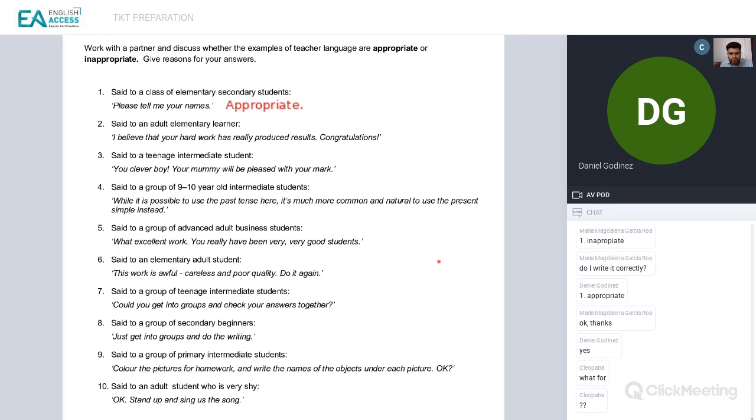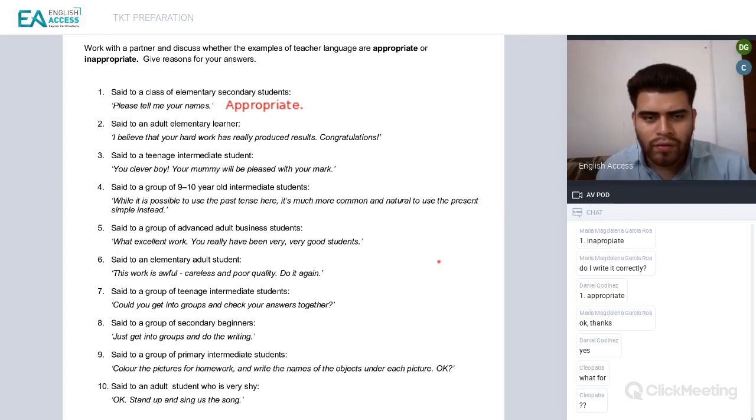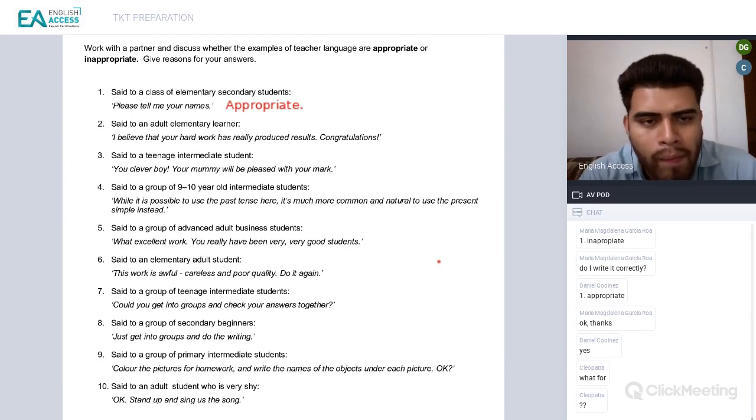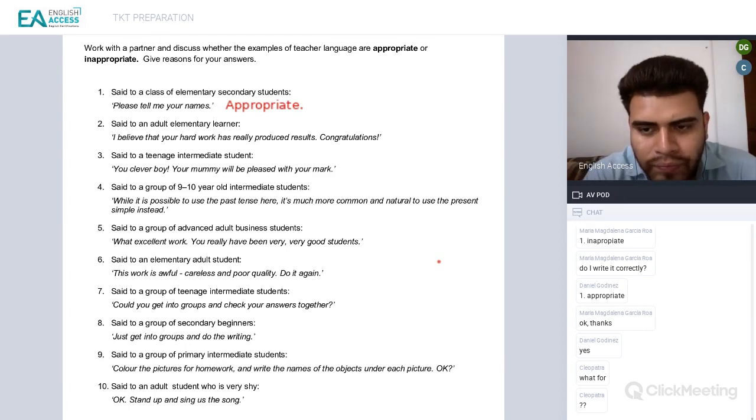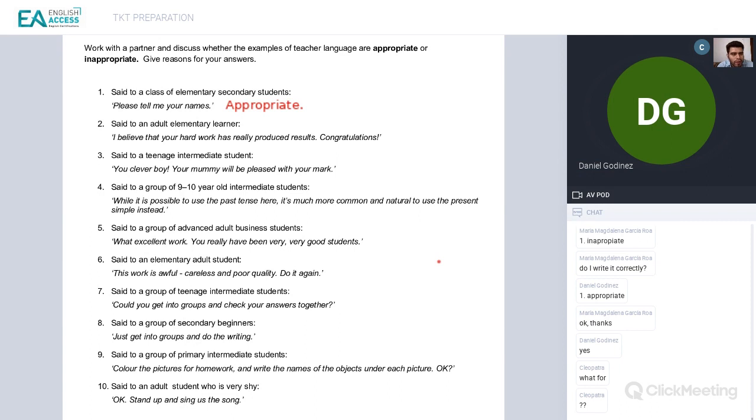Yes, it's because if we are in a business class, we have to be formal. Okay, very good. Obviously, you have to separate when you have to be informal and formal. All right. Yes, that's true.